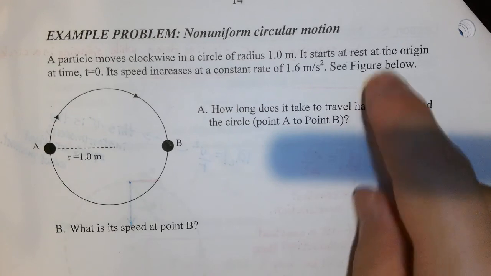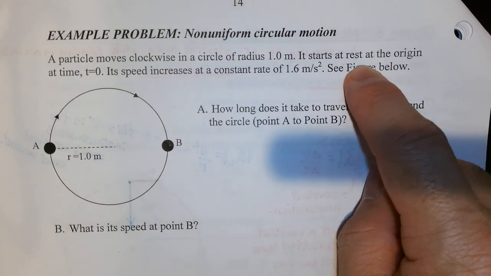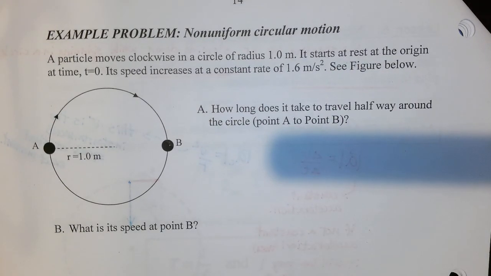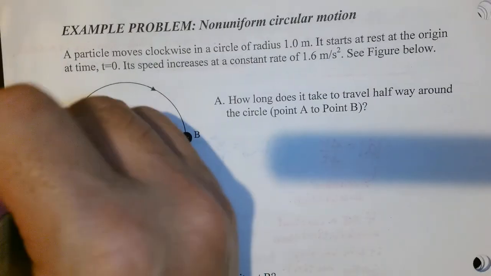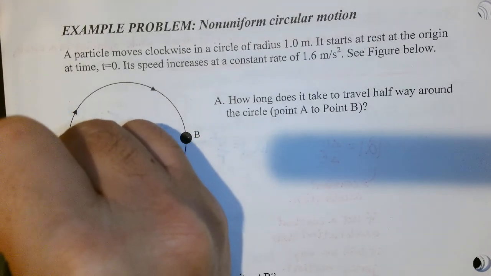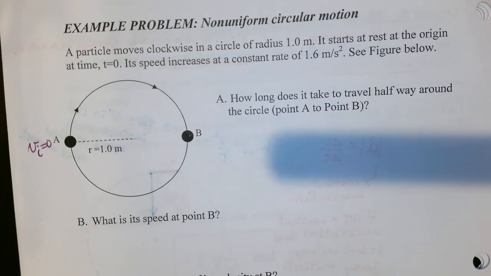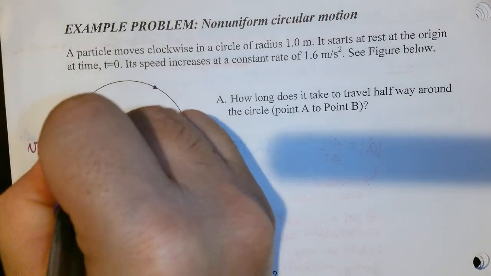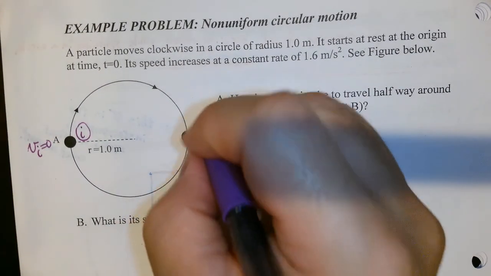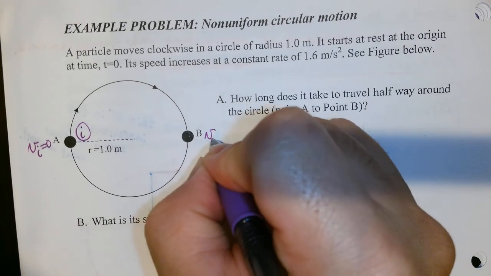It starts at rest, so my initial speed, V initial, is 0. So this is the initial starting condition. And we don't know how fast it's going at V final.